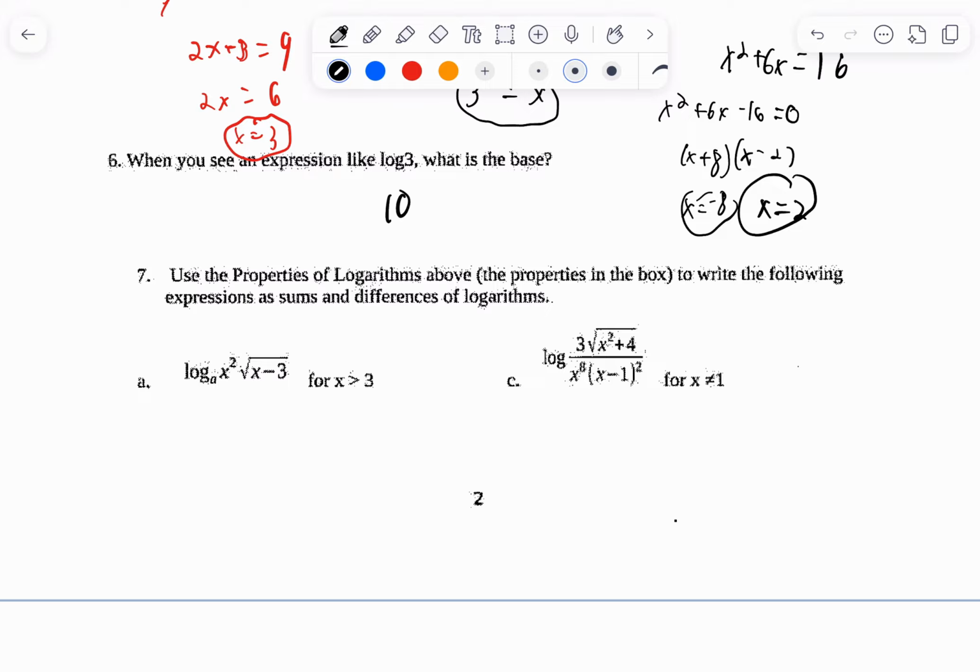So what we're going to do here is I'm going to pull them up to look at them, and I'll explain them.